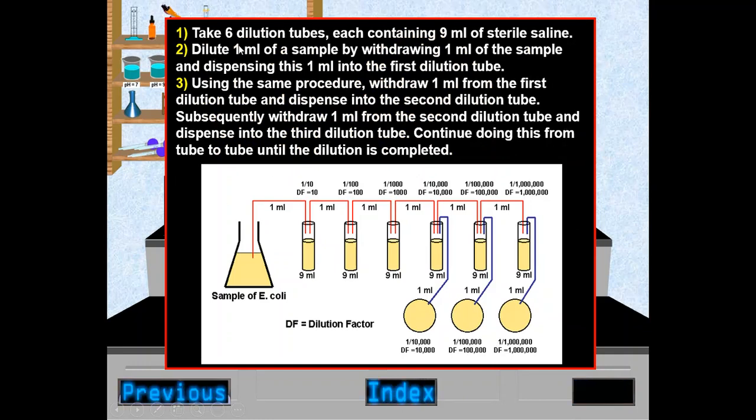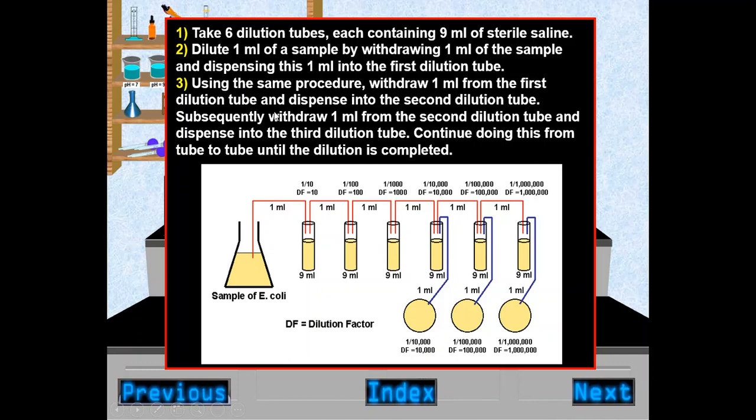First, take 6 dilution tubes, each containing 9 milliliters of sterile saline. Second, dilute 1 milliliter of a sample by withdrawing 1 milliliter of the sample and dispensing it into the first dilution tube.